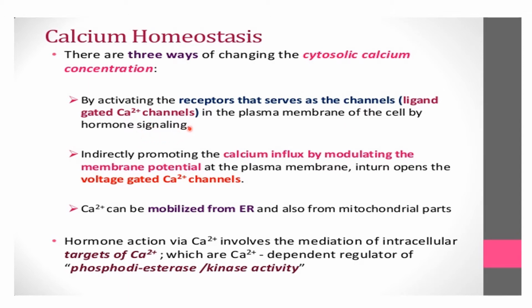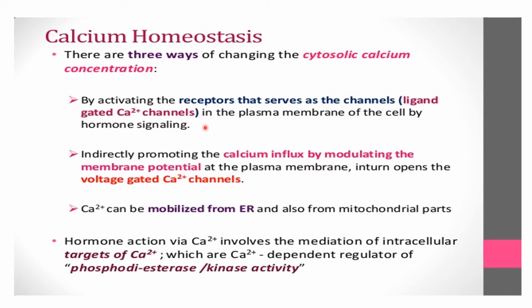Just like before, I explained that ligand gated calcium channels are open when IP3, a second messenger, produced as a result of phospholipase C, binds to the calcium gated channels and opens them.